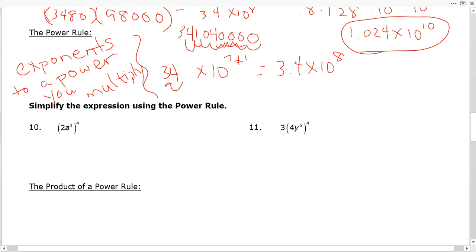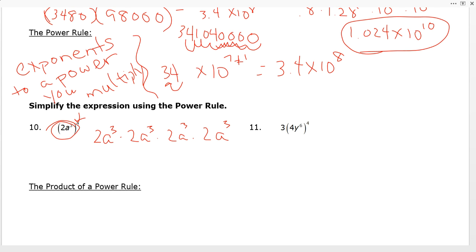If I have 2a cubed to the fourth power, what I'm writing 4 times is the base, which is 2a to the third power. So I have 2a cubed times 2a cubed times 2a cubed times 2a cubed. My base is 2a cubed, and I write it 4 times.